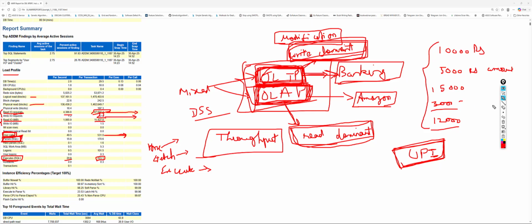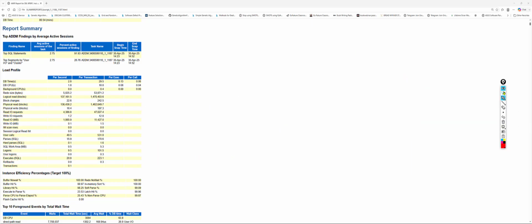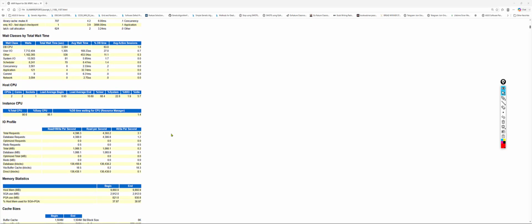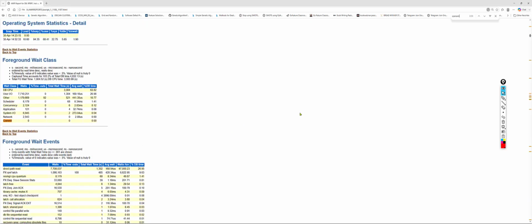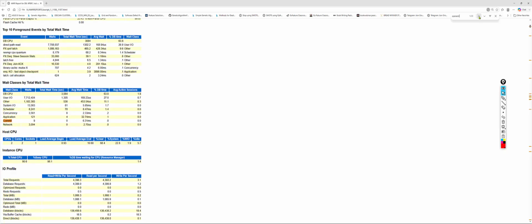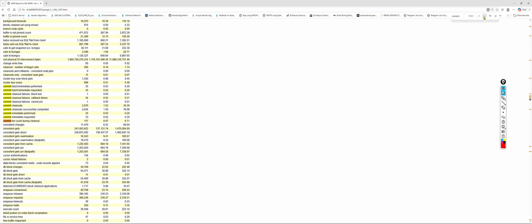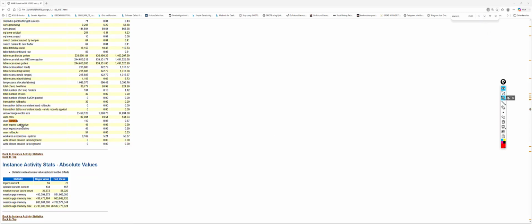You can also check the number of commits and rollbacks. User commits: if the number of commits and the number of rollbacks are high, then this concludes that it is an OLTP system.